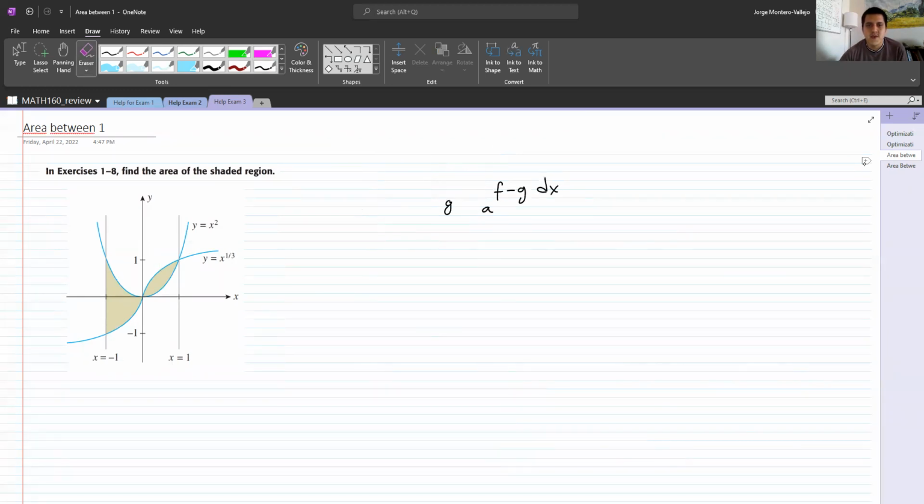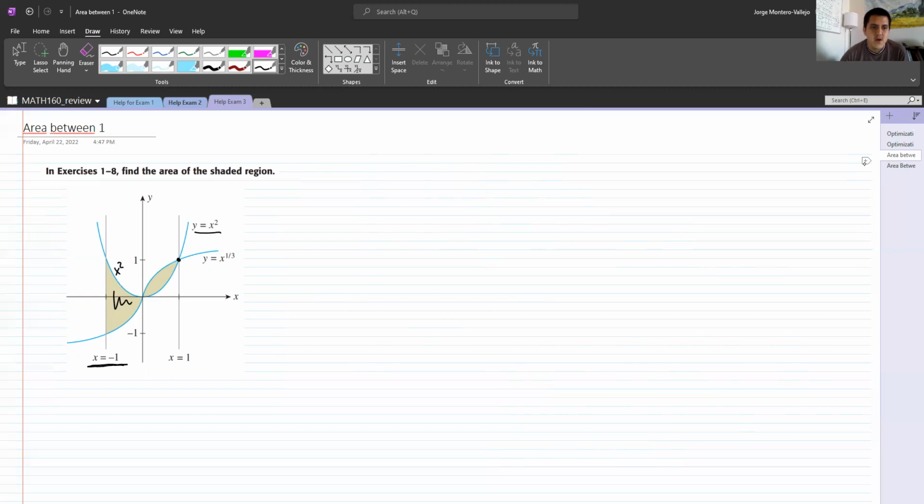But this specific example that I've chosen has a bit more than just that, right? This bound over here, it's an easy bound, you integrate up to -1. But over here, the bound coincides with an intersection. And also, here's the other thing. On this region over here, the function on top is x squared.